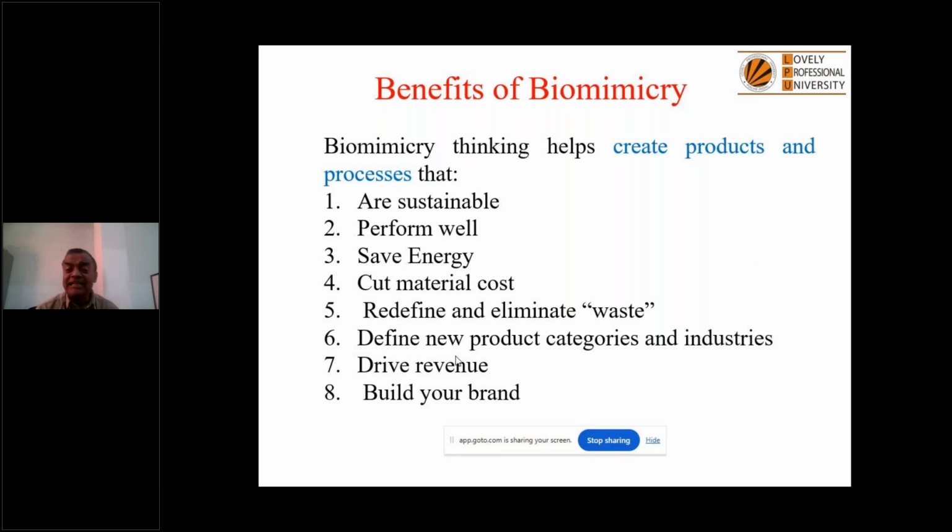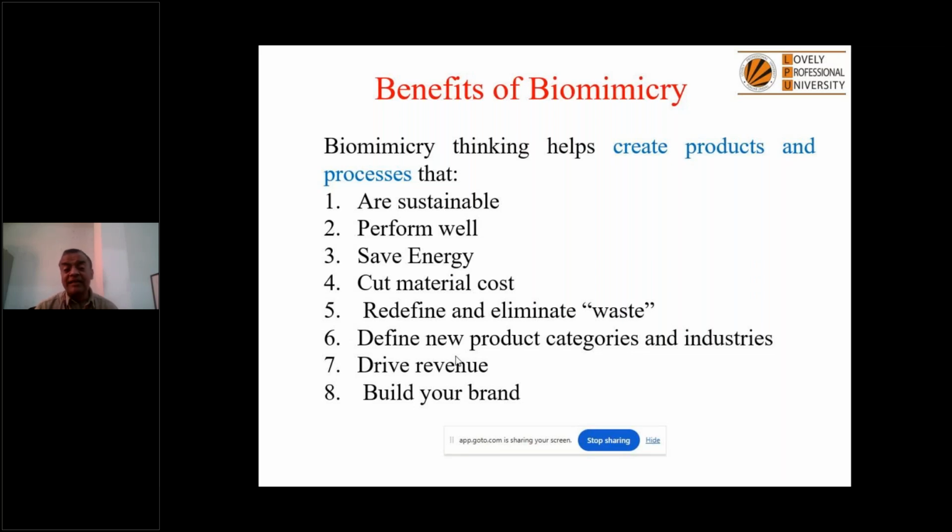Redefine and eliminate waste. Obviously, because in nature nothing is waste. One part of nature's waste is consumed by another part of nature. So waste can be minimized. This defines new product categories and industries.